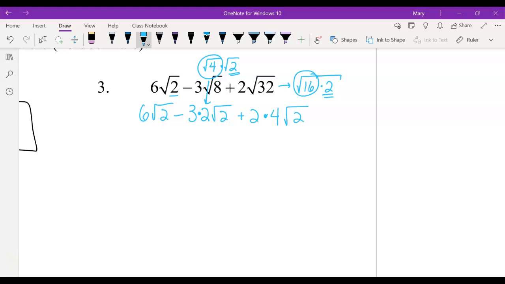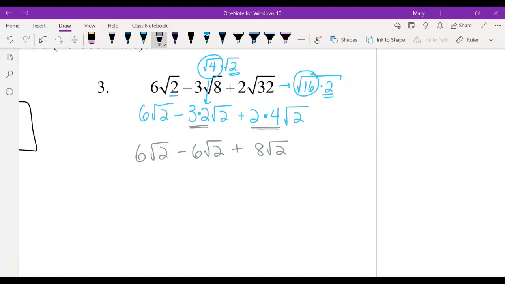So you find all of your squares inside there, and then whatever you bring out, you multiply together with whatever coefficient was there. So this second term becomes -6 root 2. The first term is 6 root 2. And your last one would be 8 root 2.